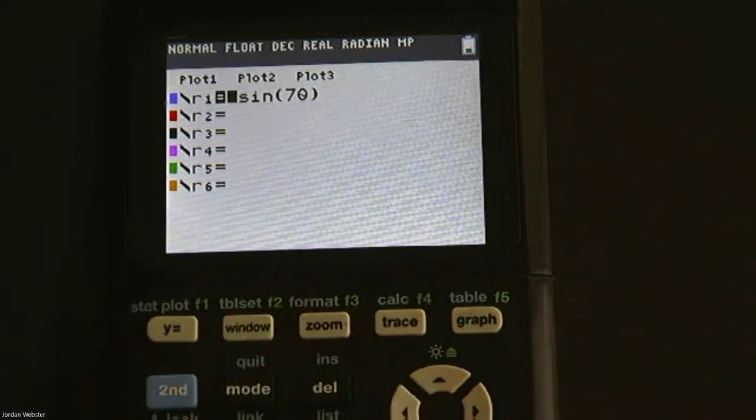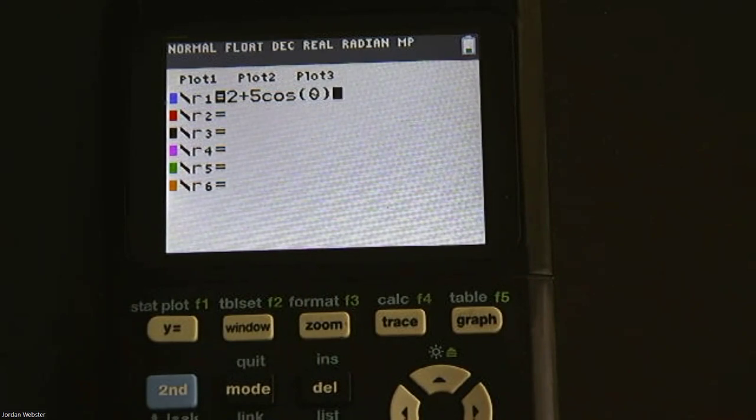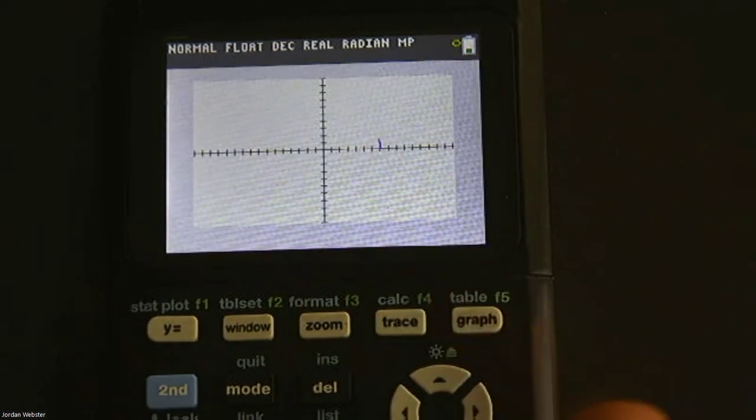So for instance, something like 2 plus 5 times cosine of theta, that's going to give me one of those limaçons. Got a little tongue-tied there for a second. So I get a limaçon with an inner loop.